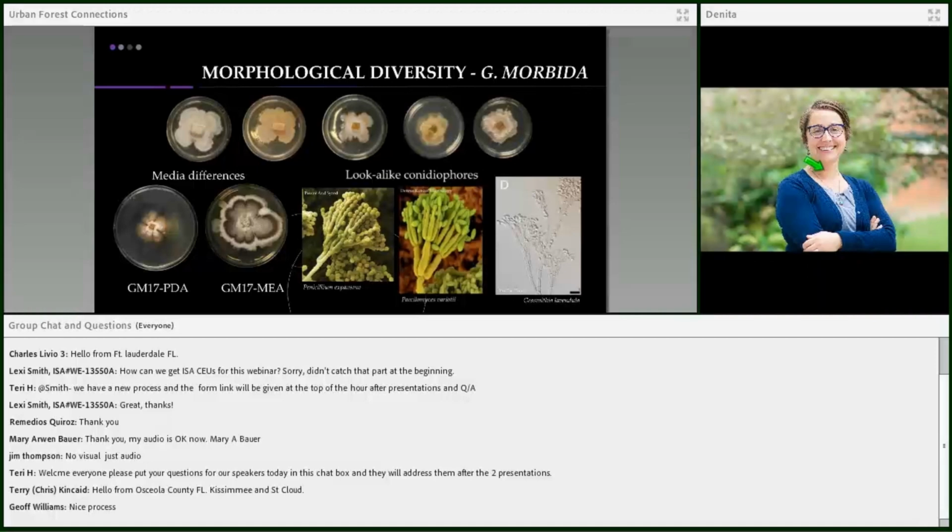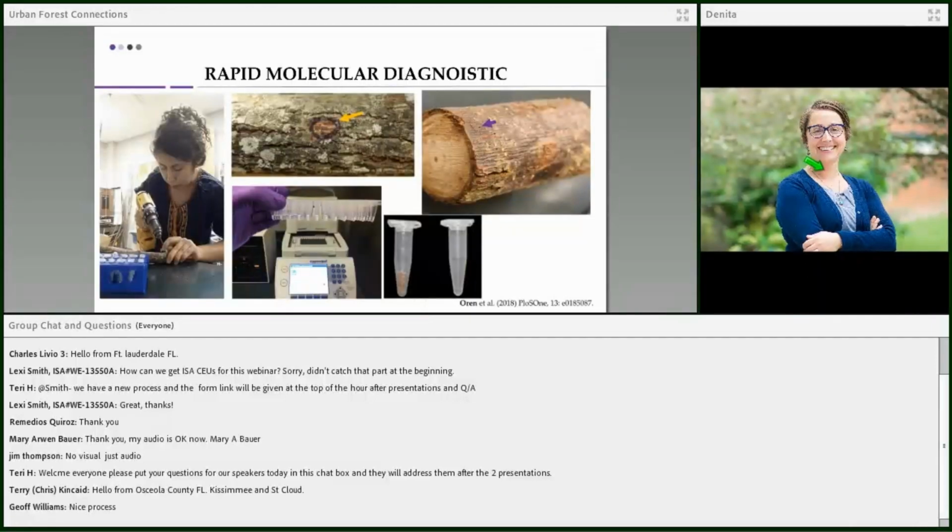Also, depending on media, this is on PDA, this is on MEA, and it looks very, very different. Under the scope, you can have lookalike cultures, lookalike conidiophores bearing conidia, which can be confusing, and in some cases you can misidentify the pathogen of interest.